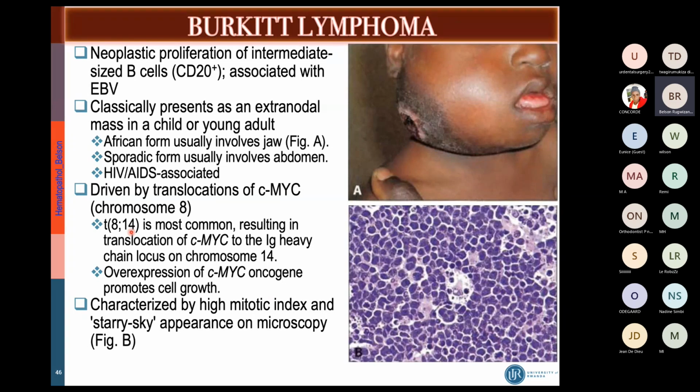Molecular analysis will take place in Sweden, then other tests will be done here in Rwanda. So it means there are many things still to investigate about this.